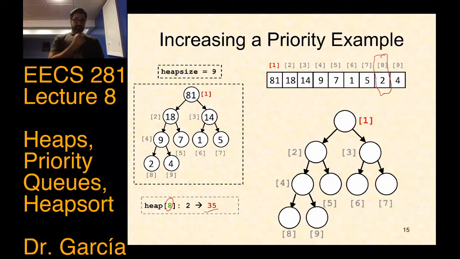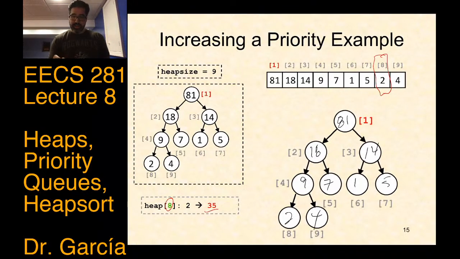So the first thing to do this as an exercise is, here let me change my color. First I'm going to write 81 and 18. I'm just copying the tree on the left, so everything. 2, 4.